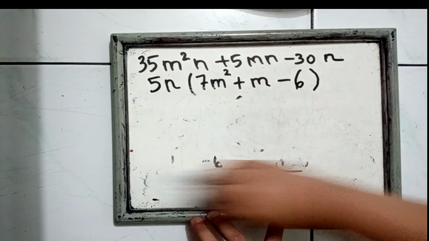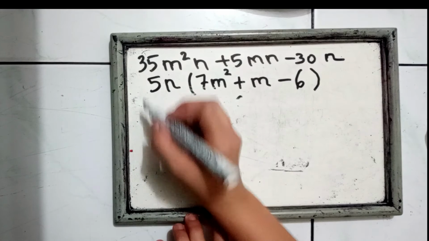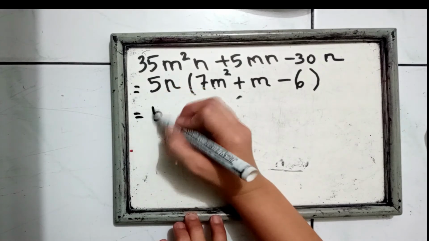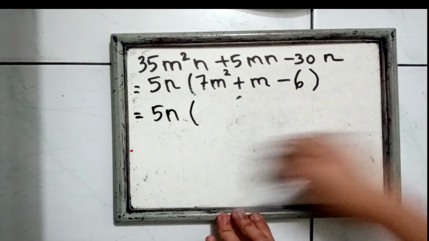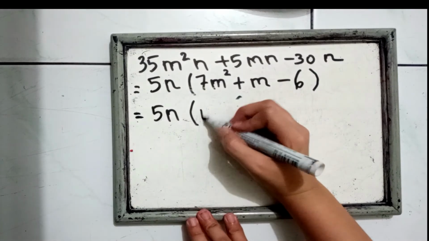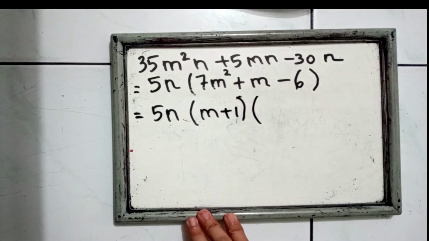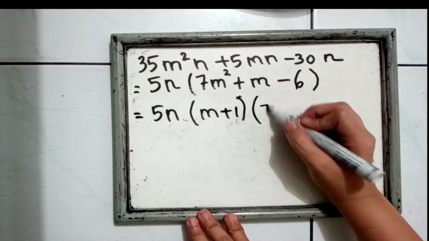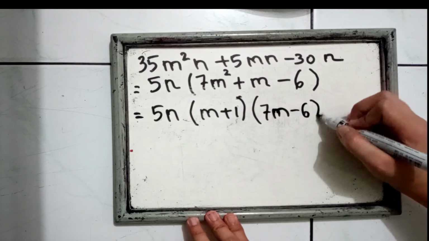It means the factorization of the question, the final answer, equals 5n times this one, m plus 1, times 7m minus 6.